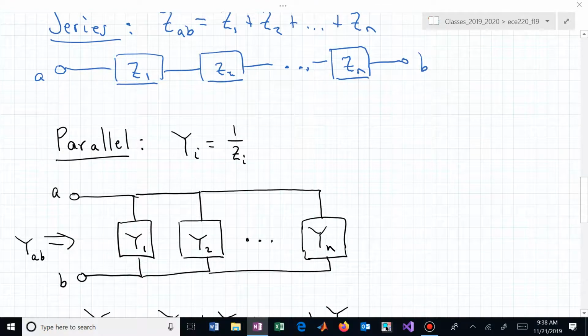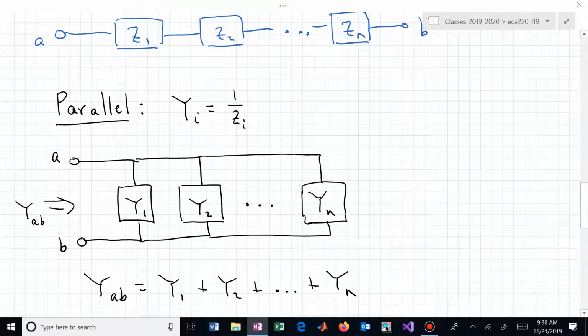In parallel, it's actually easier now to think about admittances. Now admittances add. So if you had this big collection of parallel impedances, you might actually want to express each impedance as an admittance and then add those admittances, and then at the end, if you wanted to, you could say, oh, I need the equivalent impedance of this combination.